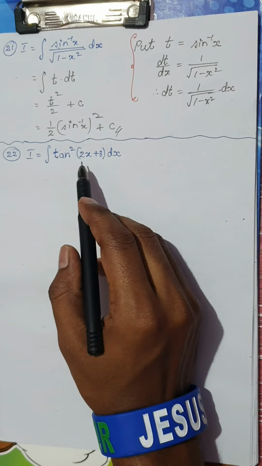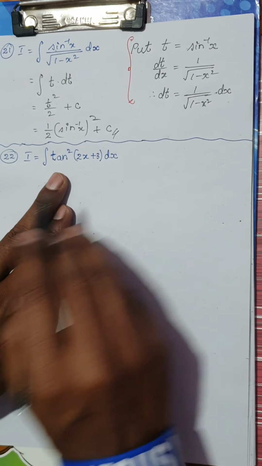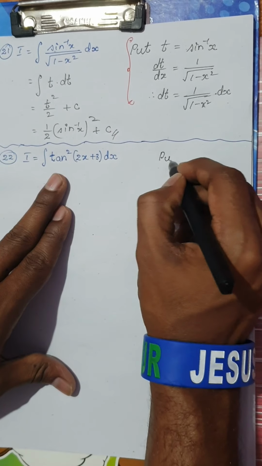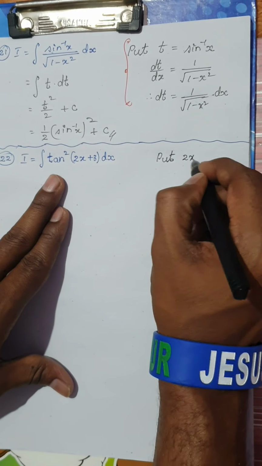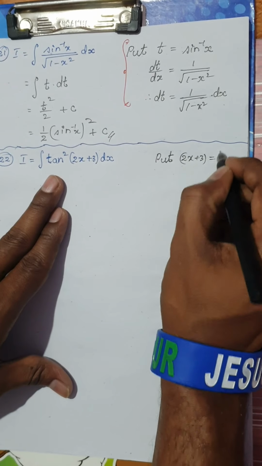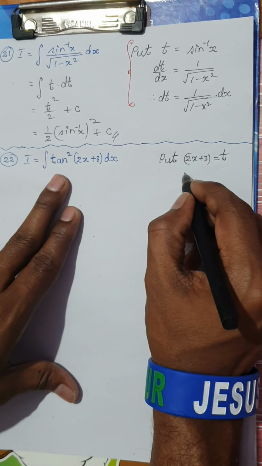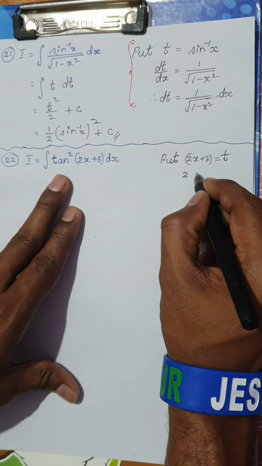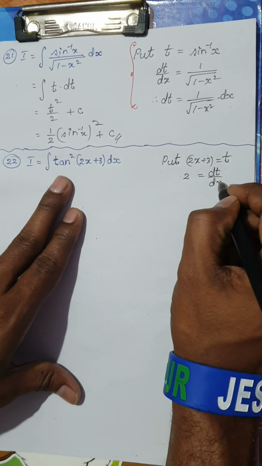My next integral is the integral of tan square of 2x plus 3 dx. Now for this question there is a lot of working to do. So I will put t equal to 2x plus 3. If you differentiate, the derivative of 2x plus 3 would be 2, and 2 is nothing but dt by dx.